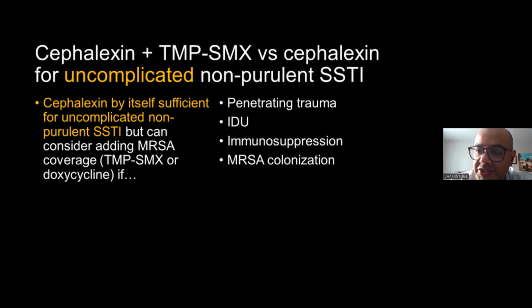That's why those patients were excluded from this study: patients who might have abnormalities or behaviors that increase their chances of having endocarditis down the road. So those patients I usually give additional Bactrim. If there are questions there, so, yeah.